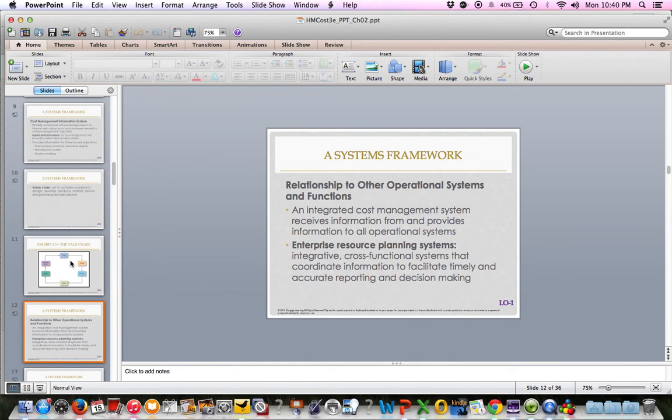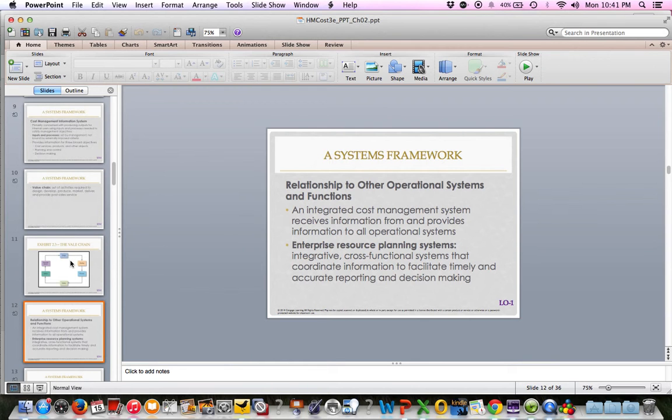So when it comes to accounting systems, it says relationships to other operational systems and functions. So what you want is integration with your cost management system with other systems within your company, so that you always have the best information. You've got information that is coming from other departments that affect your cost accounting, and kind of just turning it into one system.